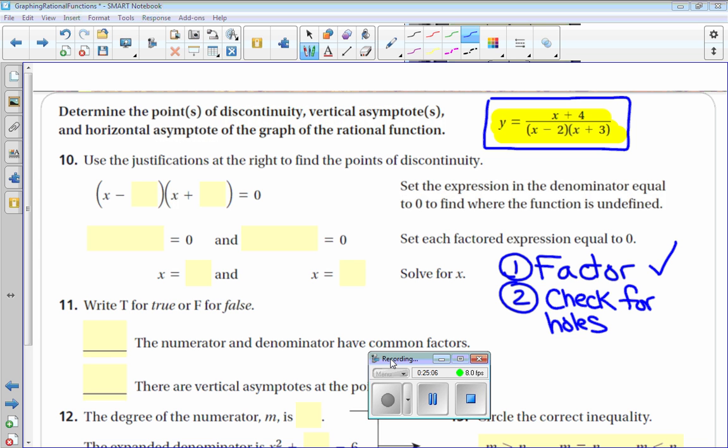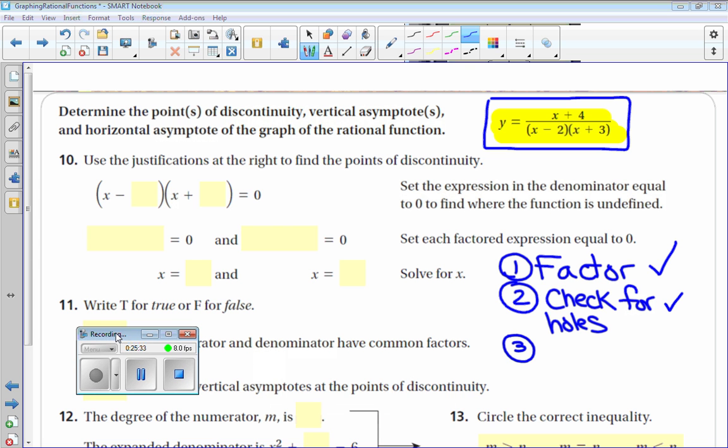Are there any common factors in the numerator and denominator here that could possibly cancel out? Is there an x plus 4 in the bottom? Look at the picture. No. So this is a particular function that has no holes. If there was a common factor on the top and the bottom, there would be holes. But there's not here. So we've checked for them. We don't have any. We'll move on to step 3.